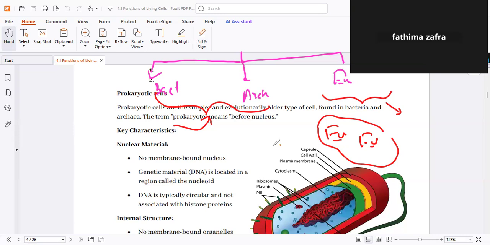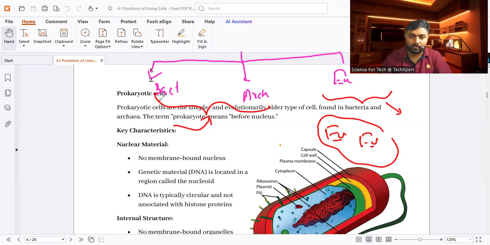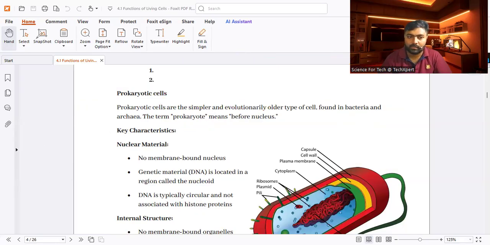Yes, sir. And next thing is, prokaryotic cells originated before eukaryotic cells. Prokaryotic cells are the very first living cells in this world. Prokaryotic means before nucleus.